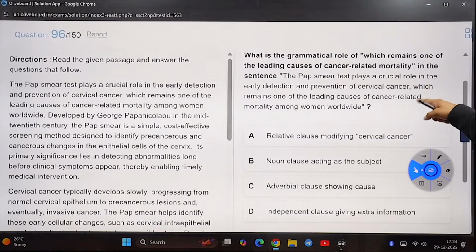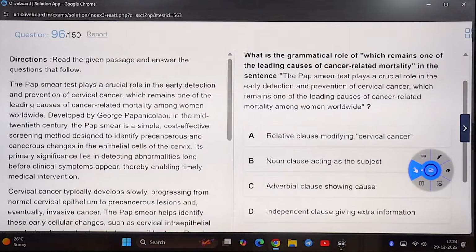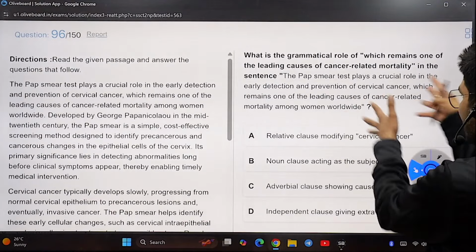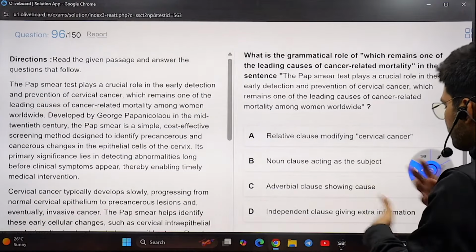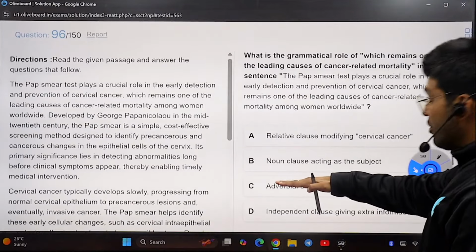No, it can't be an adverb clause. Which can't make an adverb clause of reason. Yes, you are correct. It's not an independent clause. It's a dependent clause defining that cancer: cancer, which remains one of the leading causes of. So it's not independent, not an adverbial clause.